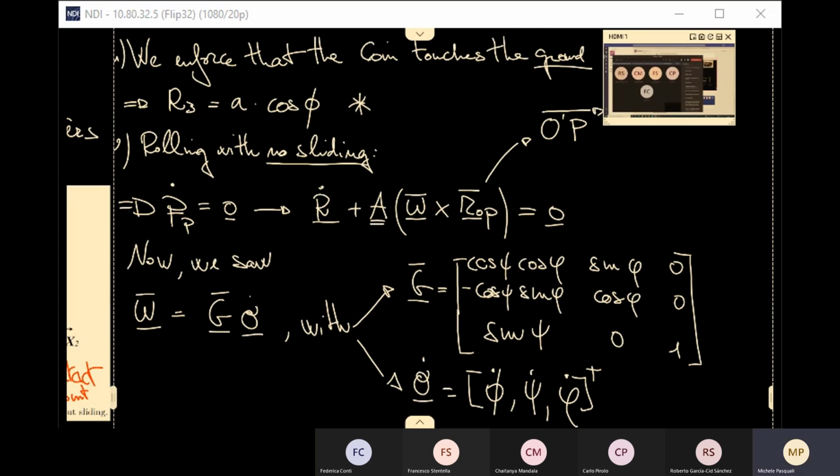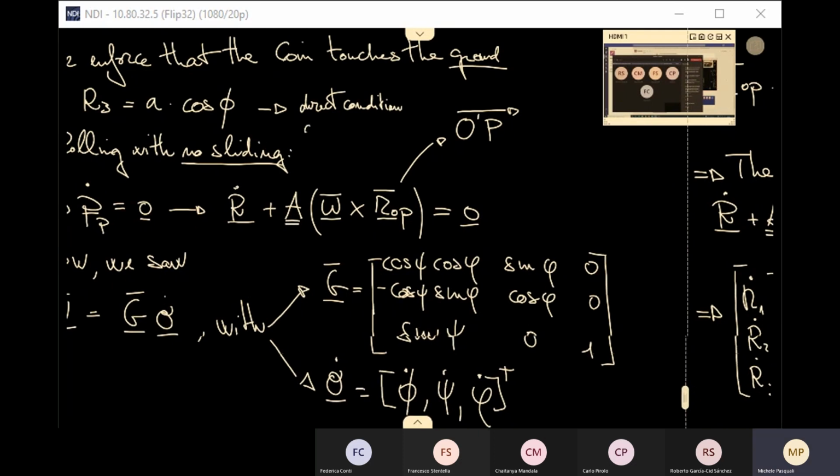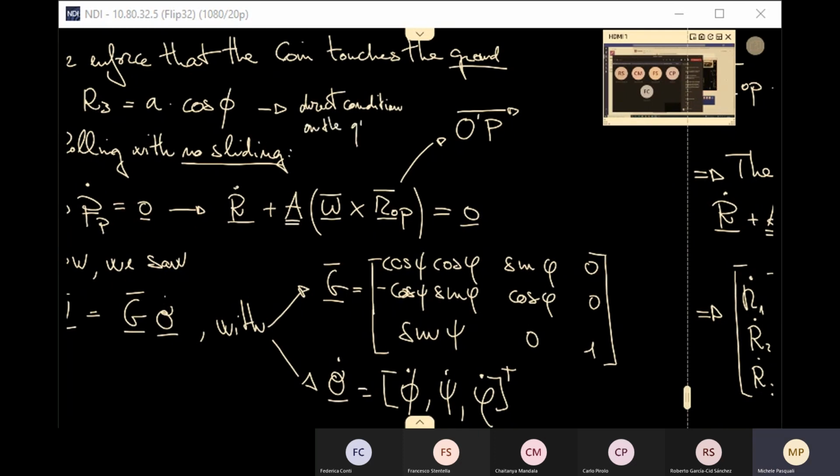Okay, so this is a holonomic constraint. The other one is a non-holonomic constraint. But the question which we wanted to answer at the beginning was, okay, this is all interesting, but what's the point? The point is that now I have one constraint, which is this one here. And then I have 3. So here we can write a direct condition on the Q's, okay?